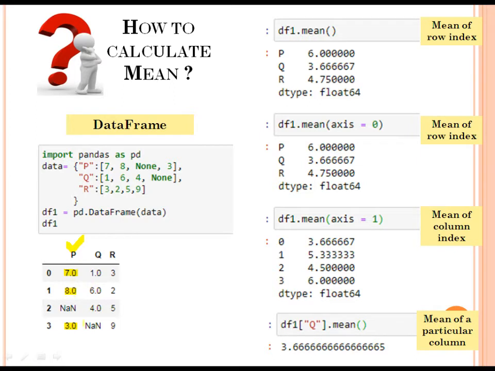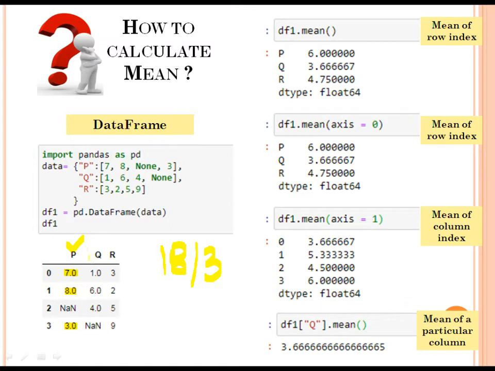So the addition is 18, and this 18 is divided by 3, not by 4, because one is a NaN value here. It is similar to SQL. Clear? So 18 divided by 3, the answer is 6.000.